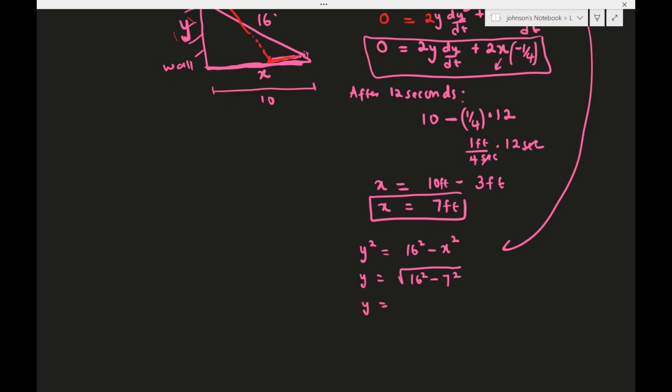So our y is going to be the root of 16 squared, which is 256, minus 49.